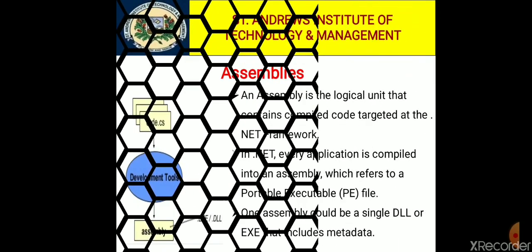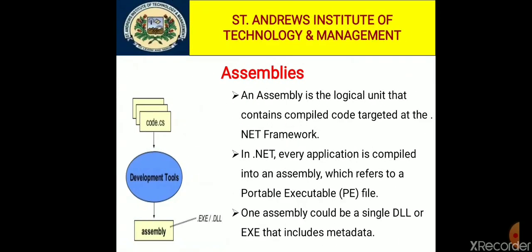Next topic is assemblies. So first of all, what is an assembly? What is the purpose of using an assembly? An assembly is a logical unit that contains compiled code. You saw in the diagram, we have source code, that means code.cs.